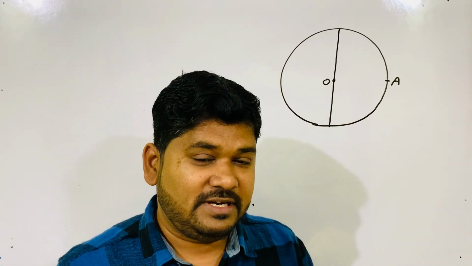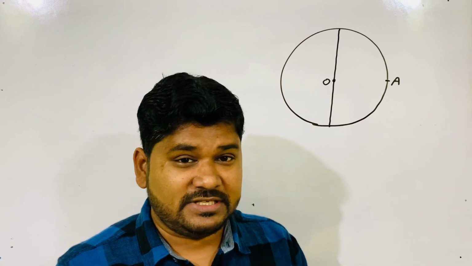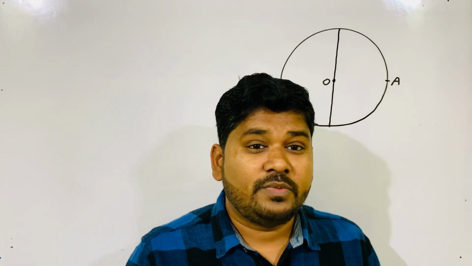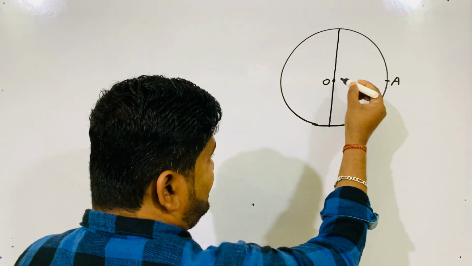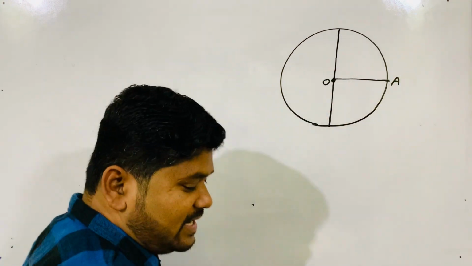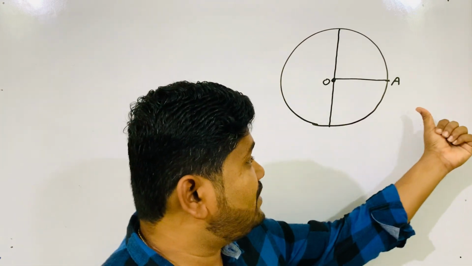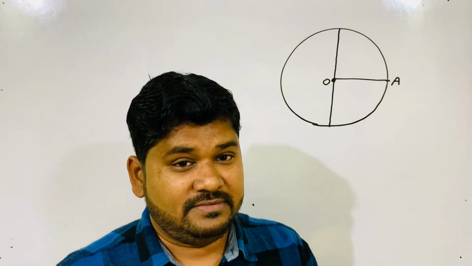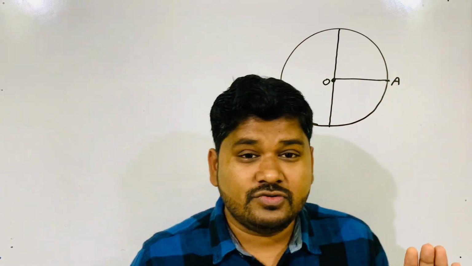We can call it the projection, or the foot of a perpendicular. If I draw a perpendicular from A to the diameter, obviously it will touch at O. O means the center. I chose the point like that.